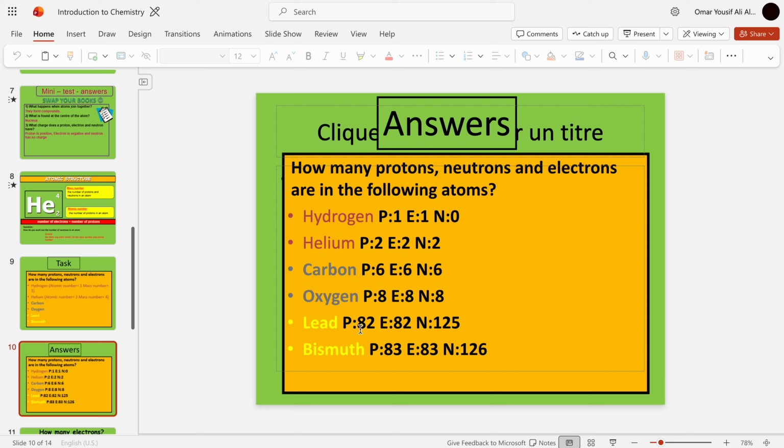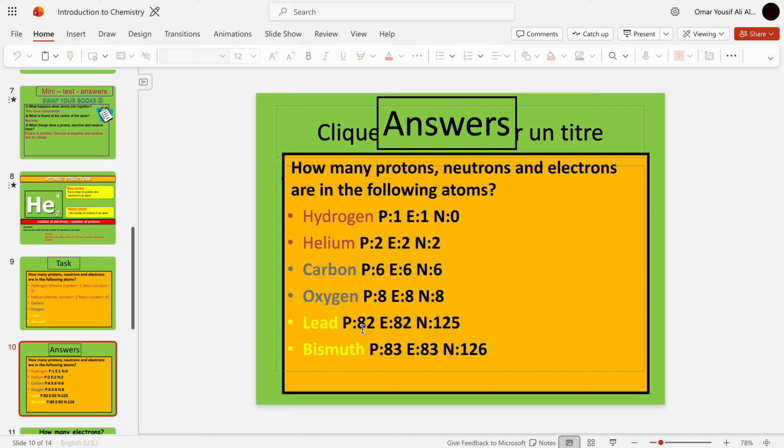Okay, here's lead. Lead has 82 protons, 82 electrons, and 125 neutrons. 82 protons means the atomic number is 82, which also means that the electrons are 82, since protons and electrons are, as we mentioned, always the same.